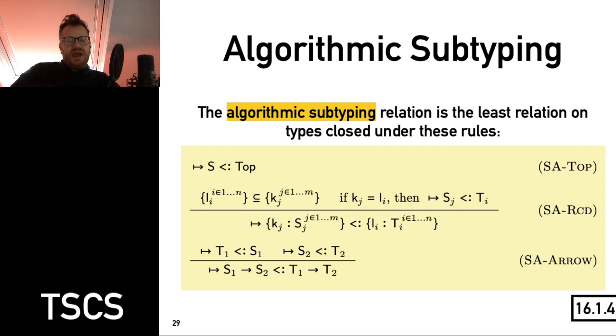And then we have the arrow rule. This is also something that should be familiar from the last lecture. Also, it's basically the S-arrow rule, but with the subtyping relation in an algorithmic style. It again is the same covariant and contravariant as we learned before.